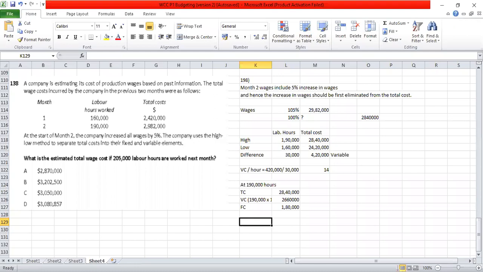That is correct. But then that 180,000 is applicable only for the first month, because from the second month onwards there was an increase at the rate of 5%. So we need to calculate that 5%.